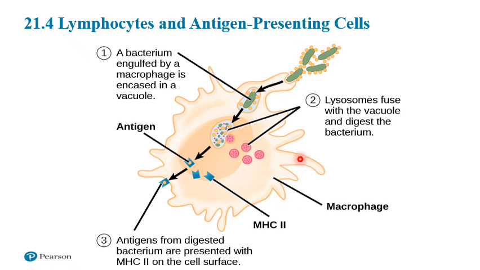So all of those naive white blood cells or lymphocytes will now be going to this antigen presenter and would feel the antigenic marker, recognize it, and study how the shape of the antigenic marker goes.